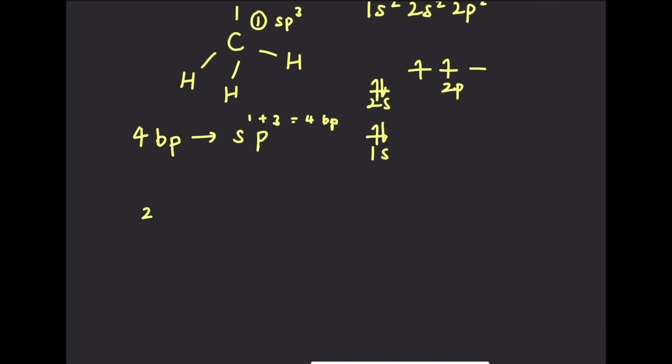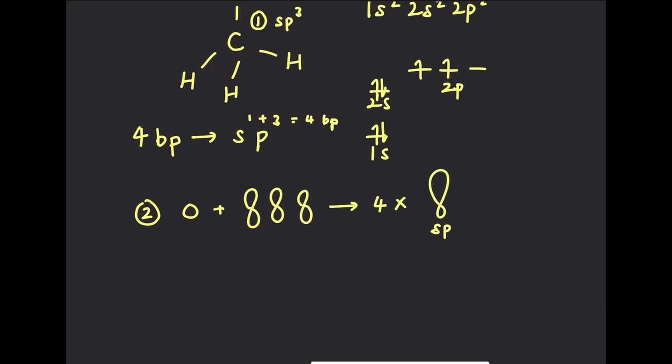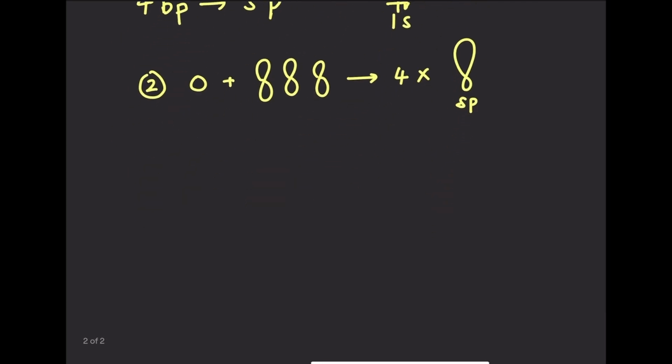Our second step now is to know that this means that one s orbital will combine with 3 p orbitals to give us 4 sp3 hybrid orbitals. This sp3 hybrid orbital has a drumstick shape, compared to the spherical shape of our s orbital and the dumbbell shape of our p orbitals.